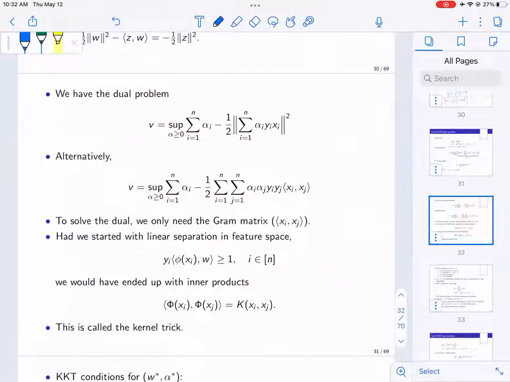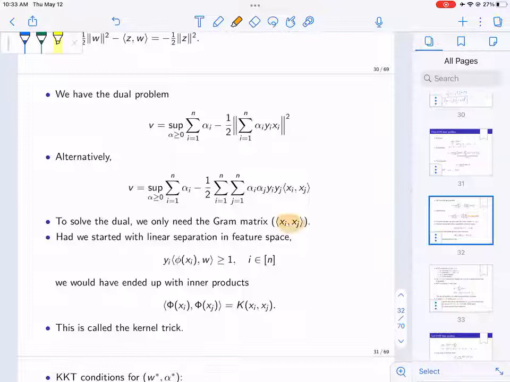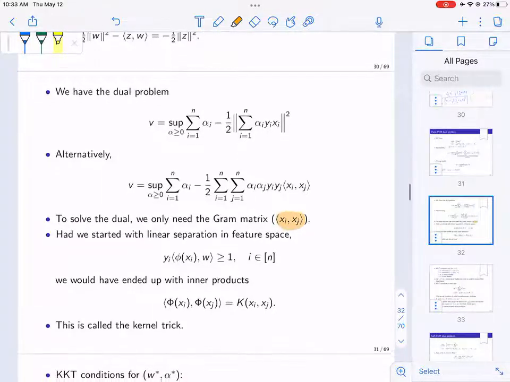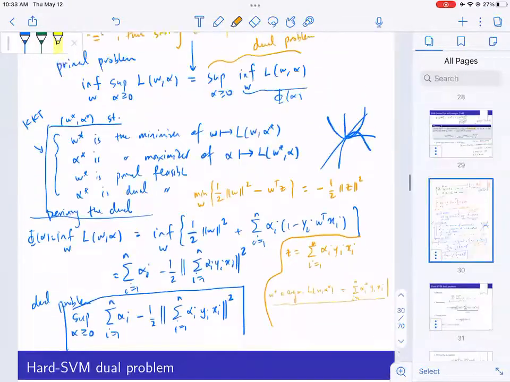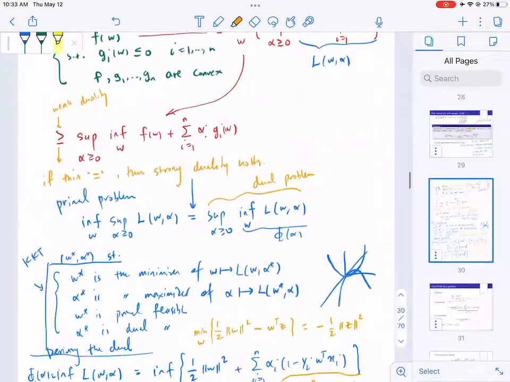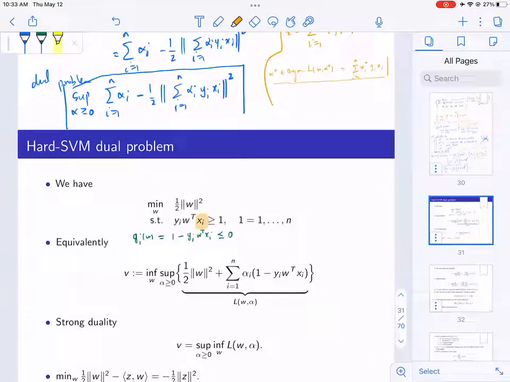So there are two comments here. One is that if I expand this quadratic here, I would get something like this. And you can see that it only depends on the pairwise inner products of x_i and x_j. If I put them in a matrix, this is called the Gram matrix of the examples x_i. To solve the primal, you need the x_i's themselves.